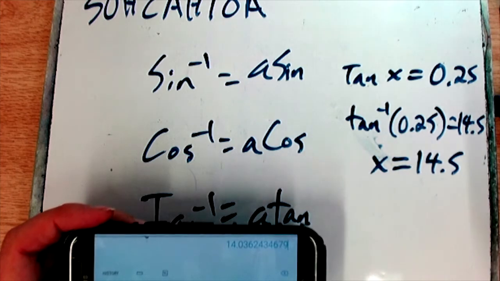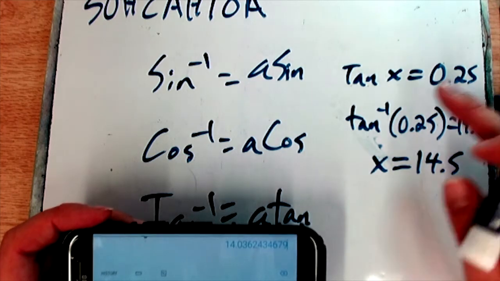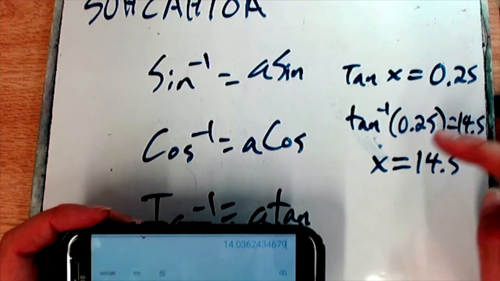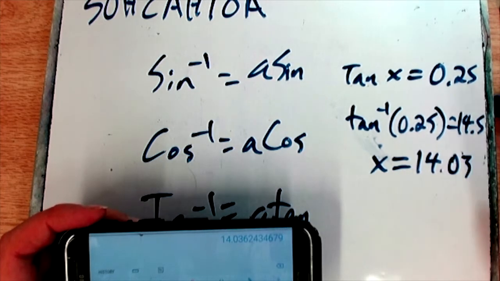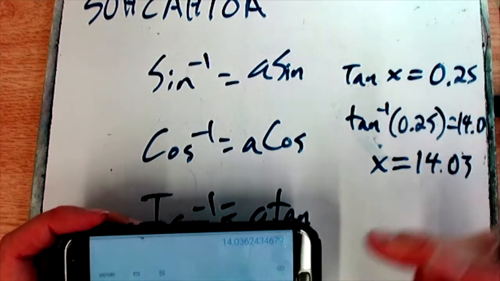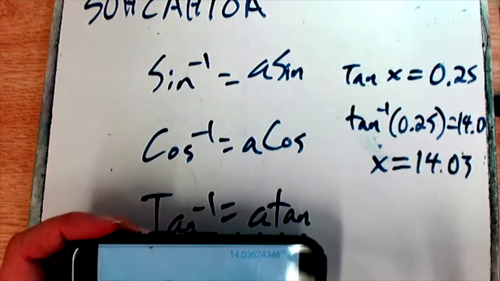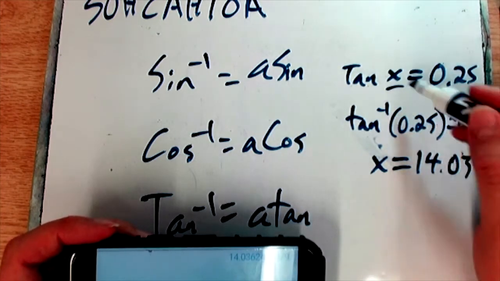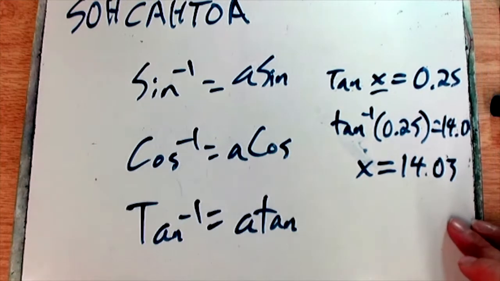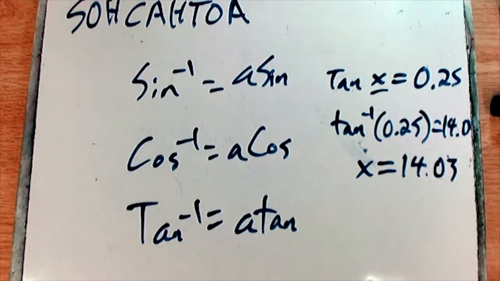And I get a different answer, which is just slightly different, 14.03. So the arctan, the second tan, the second sine, the second cos is used to find the angle. And that should be enough information to help you out with those questions there.